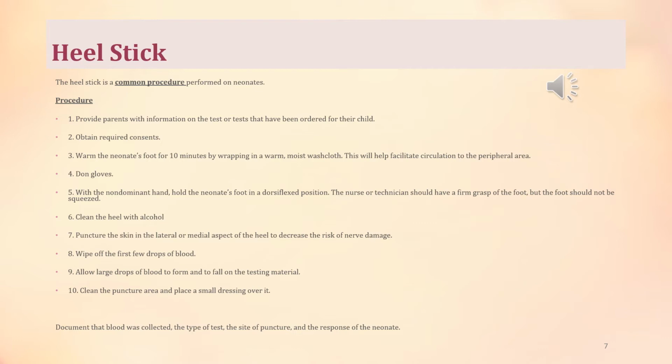You put that on baby's foot, and it has a little piece of a sticker on there, so you can kind of make a little warm foot warmer there for them, like a little shoe almost.